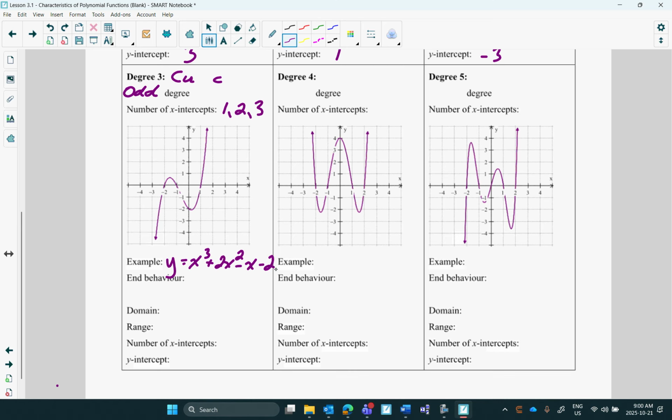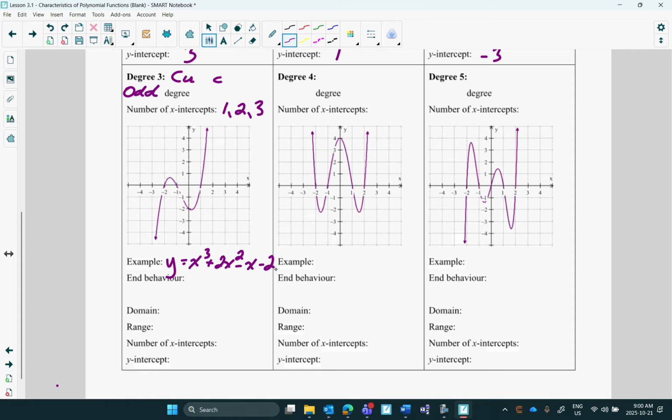So we are going to get to the point where I give you this and you will graph this. Or I give you this and you will tell me this. Okay, that's sort of the ultimate goal.